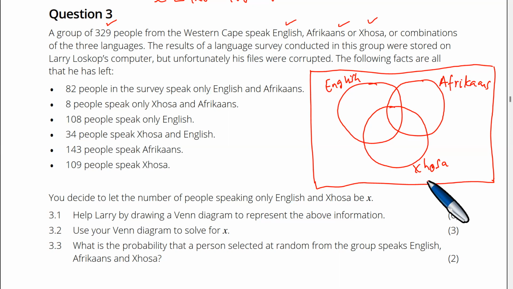So a group of 329 people from the Western Cape speak English, Afrikaans, and Xhosa, or combinations of these 3 languages.